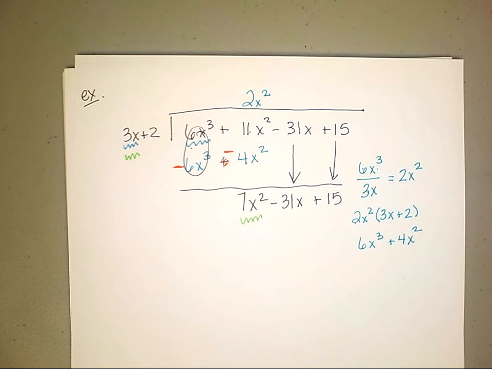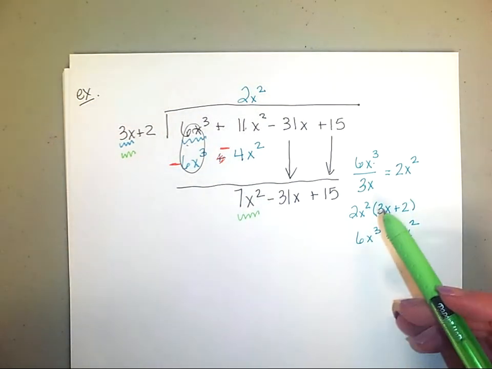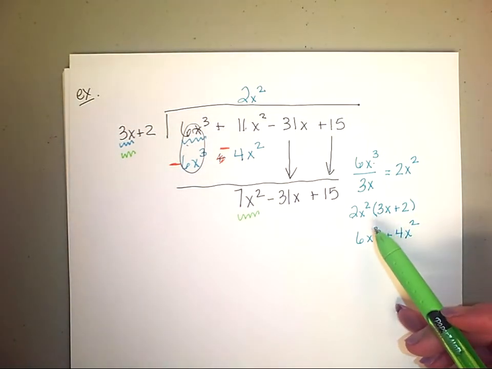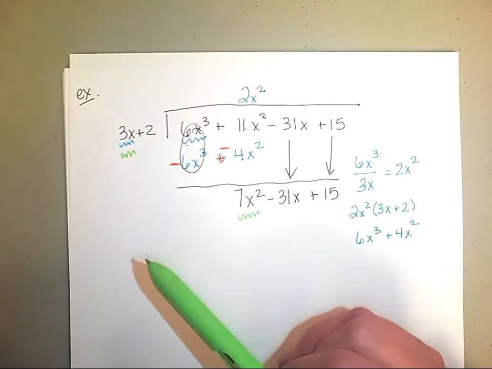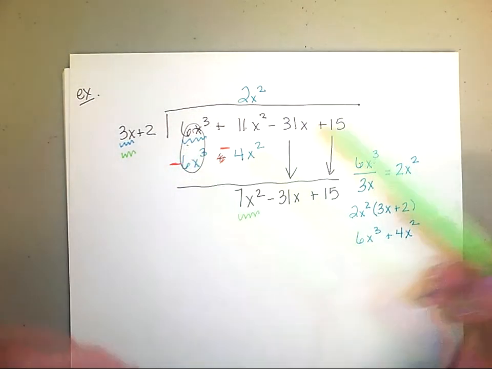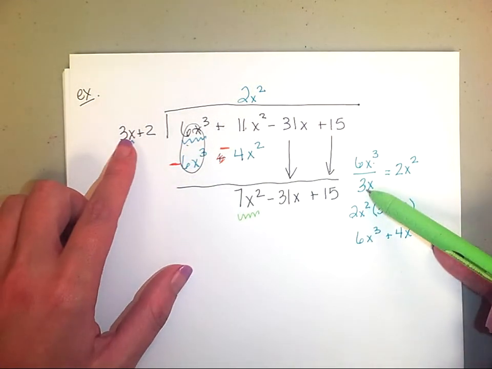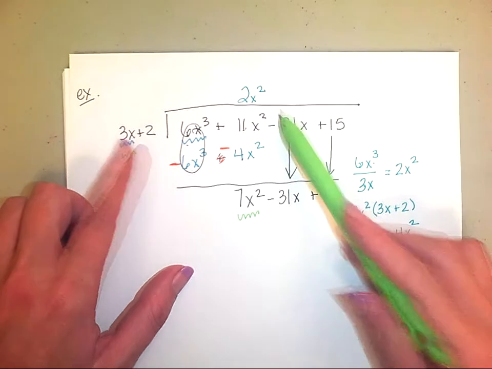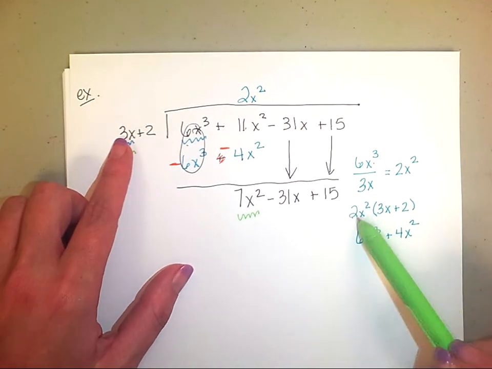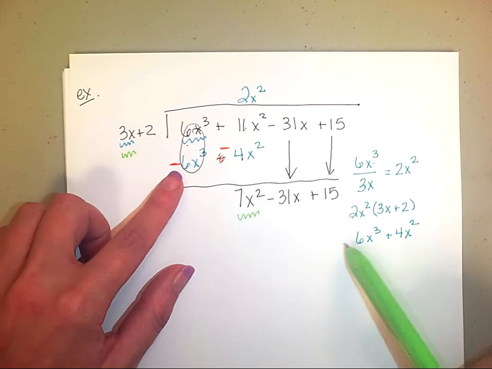Did I do something wrong? Just making sure here. How many times does 3 go? 3 goes in there 2x squared, 6x cubed plus 4x squared.